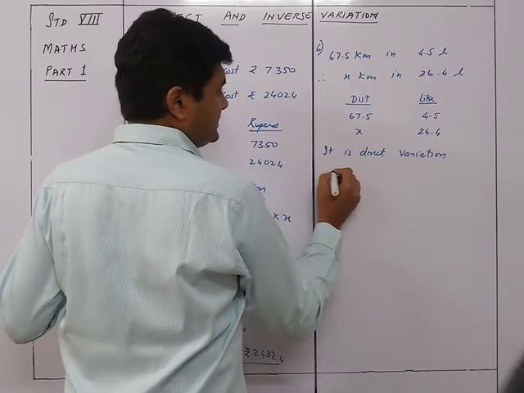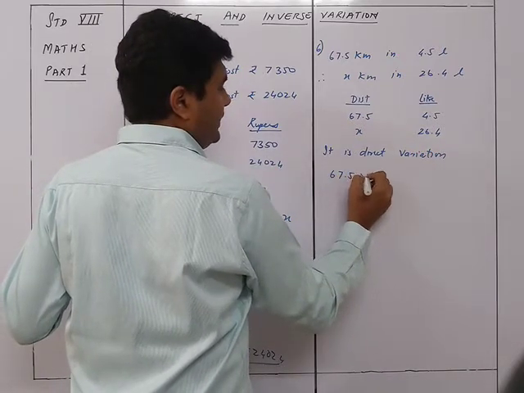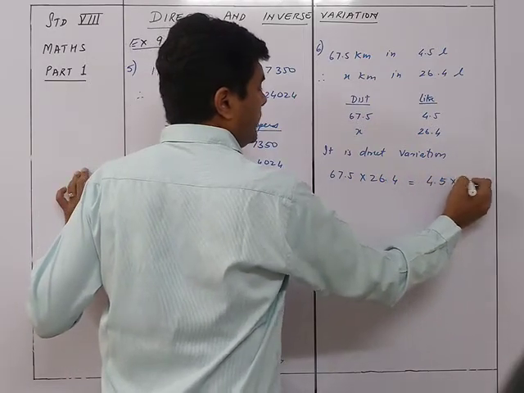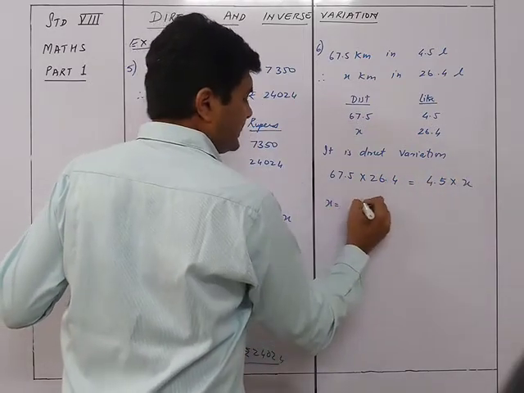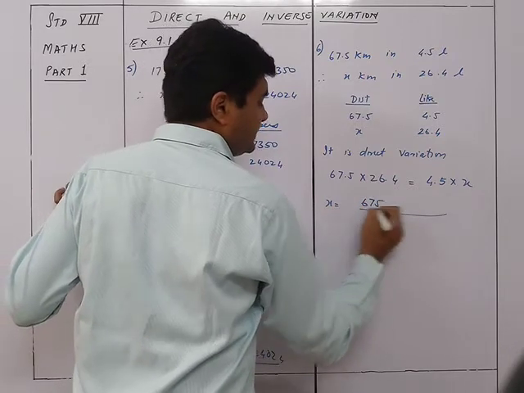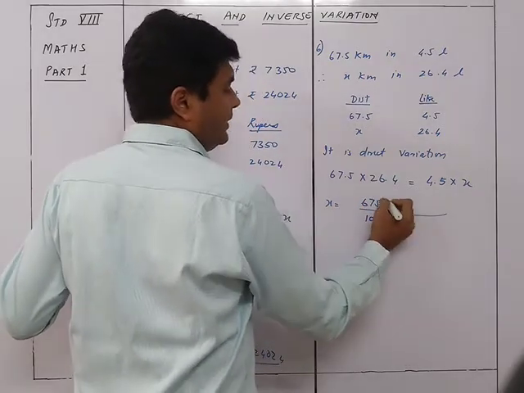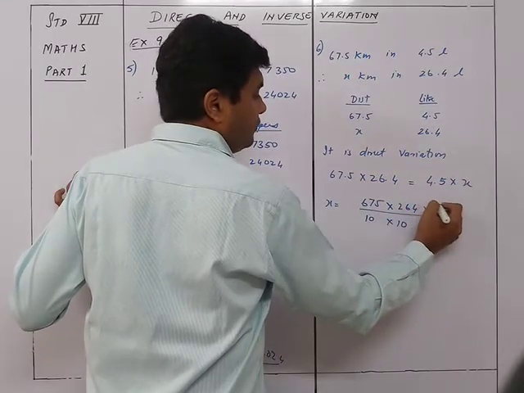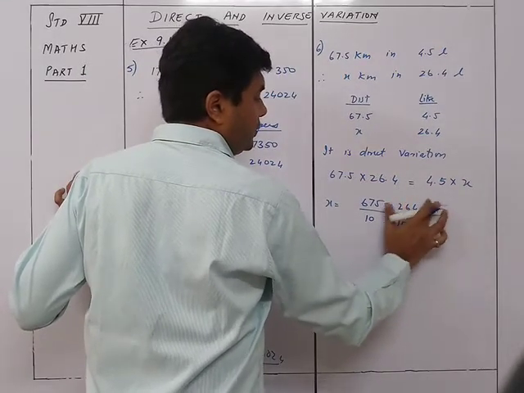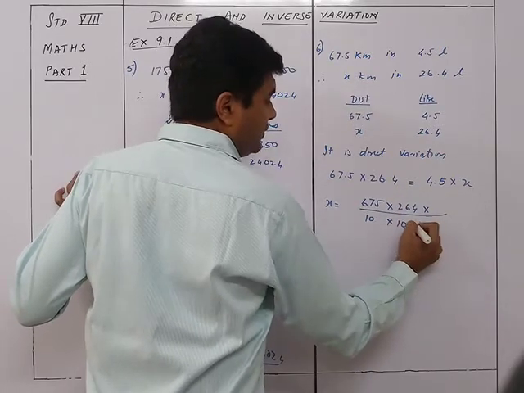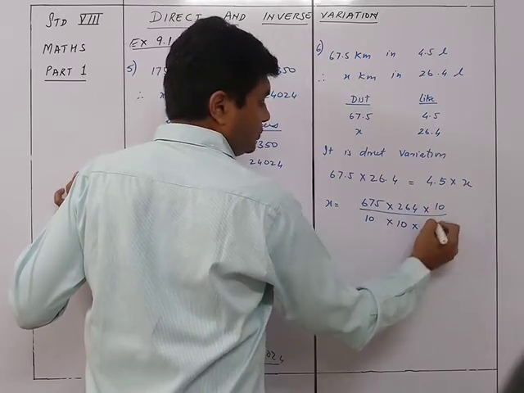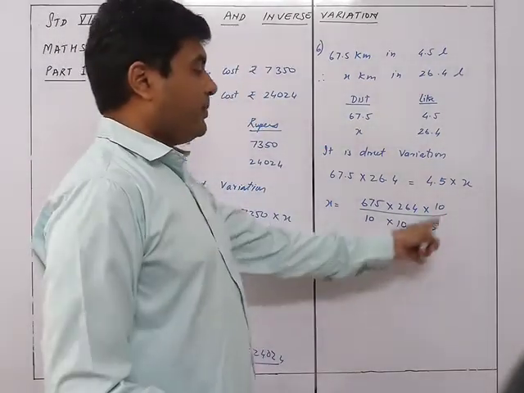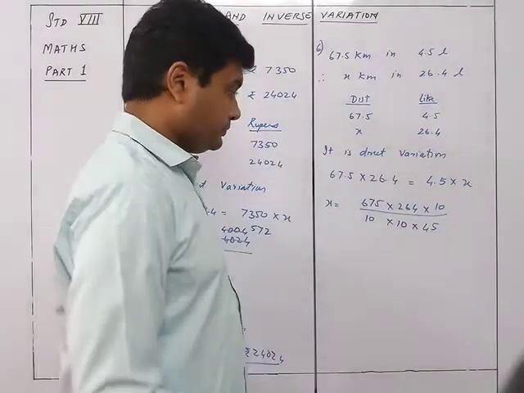Accordingly, it is 67.5 into 26.4 is 4.5 into X. So X is equal to 67.5 will be 675 into 10 into 26.4, into 10 into 45, sorry, this goes there, this is into 45 upon 10. So you can see the 4.5 is taken as 45 upon 10, so 10 goes here.